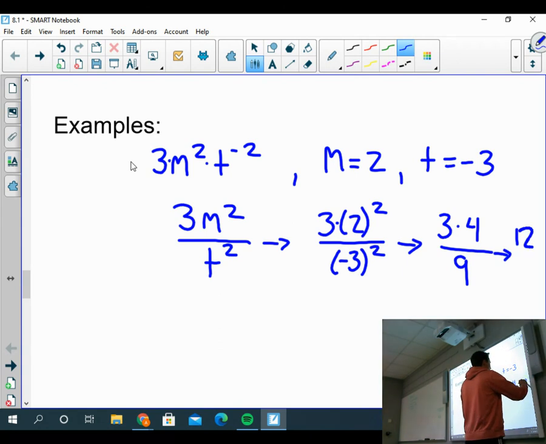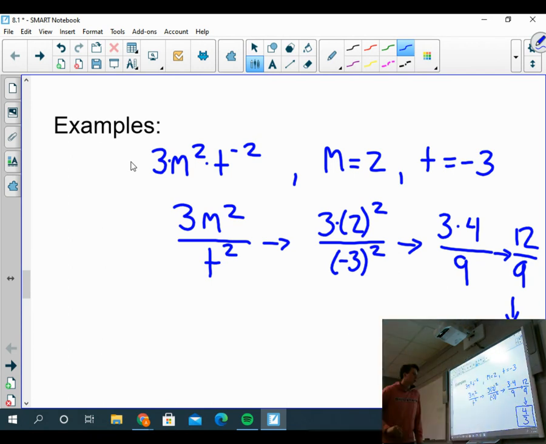Now I can do my multiplication, and I get 12 over 9, which can be simplified down to 4 over 3, since 12 and 9 are both divisible by 3. And so what you can see here is the same rules of negative exponents and working with parentheses are still applying. We're just getting a little bit more complex and doing a little bit more each time.